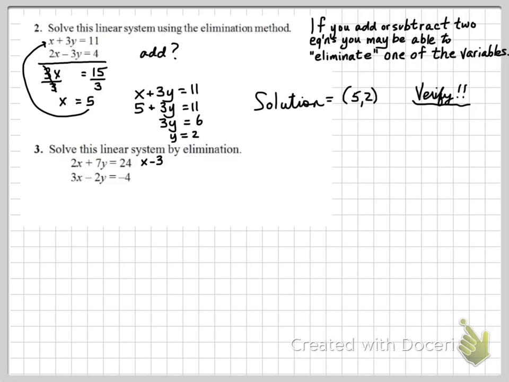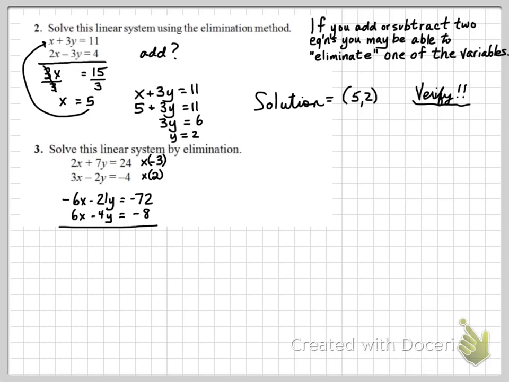And if I multiplied the second equation by 2, I can get +6x's. You also have to multiply the 7y by -3 and the 24 by -3. You also have to multiply the -2y by 2 and the -4 by 2. So there's my two new equations.